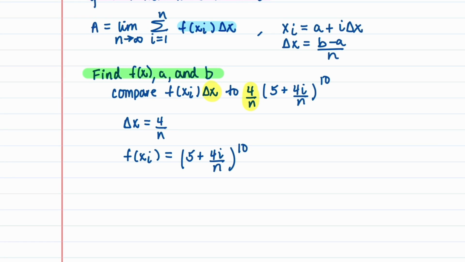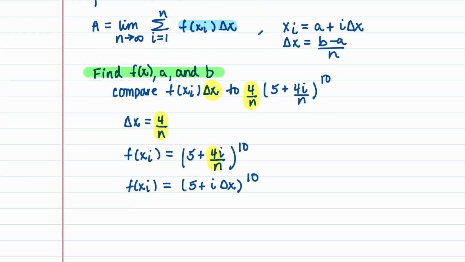We're now going to simplify f of x sub i by noticing that 4 over n is our delta x. So we're going to substitute that in. So our f of x sub i is equal to 5 plus i delta x raised to the 10th. Now that we have it written this way, we can easily see that x sub i is equal to 5 plus i delta x. And let's go ahead and highlight that.